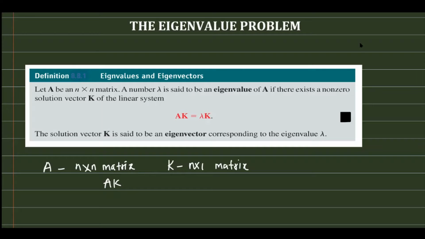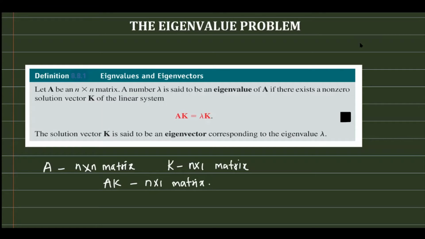So AK will be an n by 1 matrix. And on the RHS, lambda is a constant and K is also an n by 1 matrix.